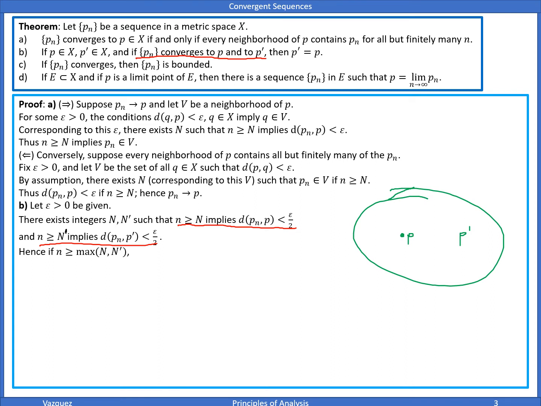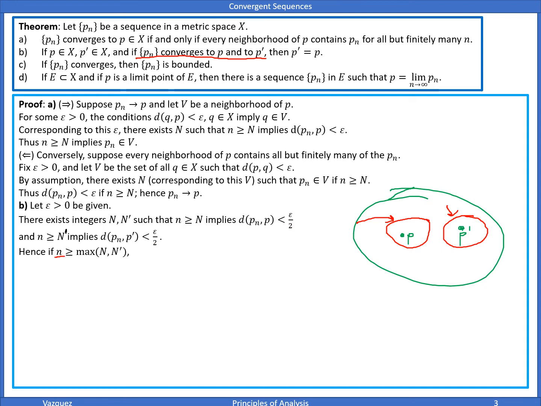Let's say this is a neighborhood of P prime. Well, a sequence is only gonna have all of the terms of the sequence in this neighborhood, except for finitely many, meaning there can only be finitely many inside this neighborhood, which is kind of gonna lead us to nonsense. But here, this is just a direct proof.